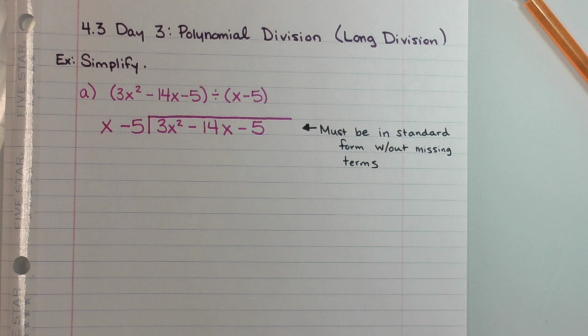When it comes to polynomials, you're going to do the same thing, but it's easier if I slightly reword the question. If I ask you how many times x, the first term of the polynomial you're dividing by, goes into 3x squared, some of you might be like, okay, I can figure that out. Others are going to be like, wait, what do you mean goes into?